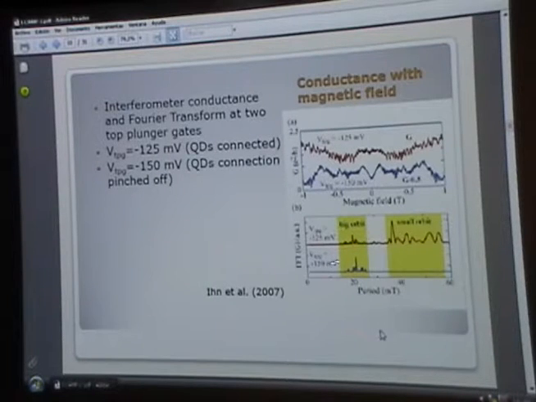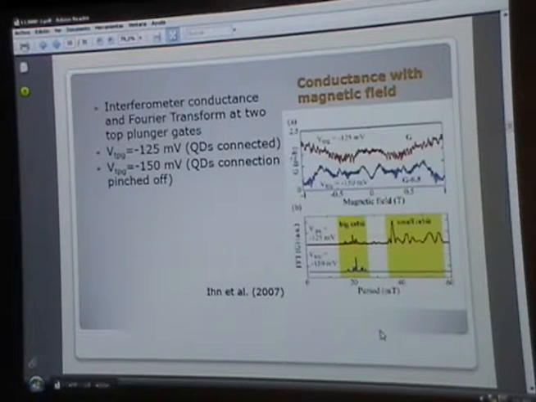This figure corresponds to the Fourier transform of this curve, where you can see that there are two particular frequencies in the magnetic field corresponding to typically 20 and 40 millitesla. These are called the big orbit and the small orbit.